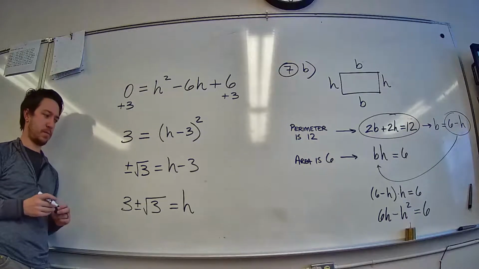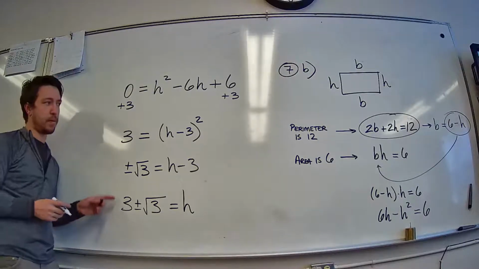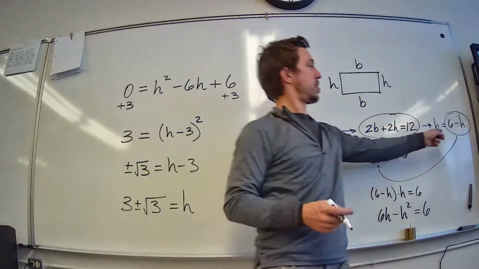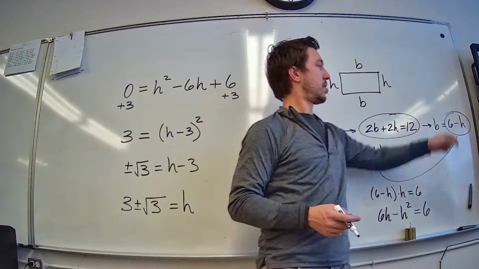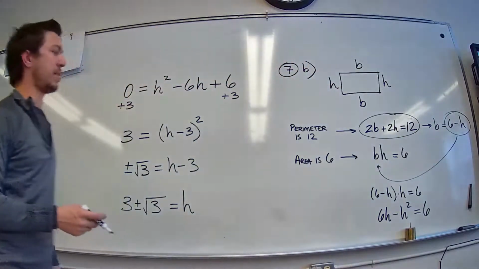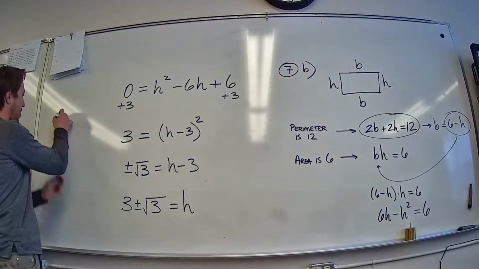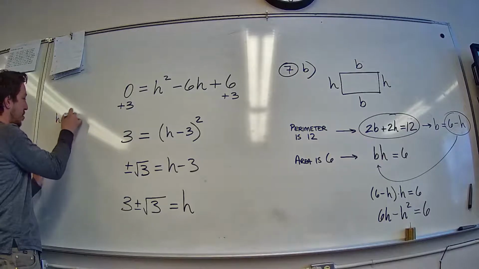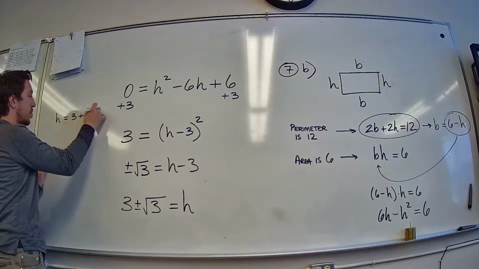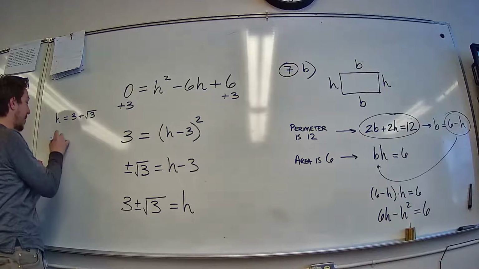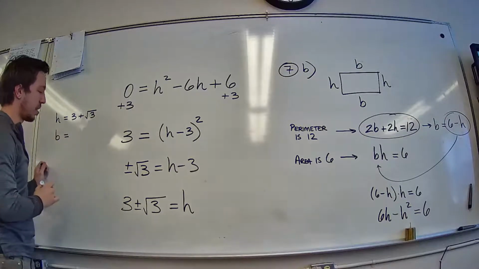How do I get the b value? Plug it in. You've got to plug it in. So let's say h is 3 plus root 3. What's the b value that goes with that?